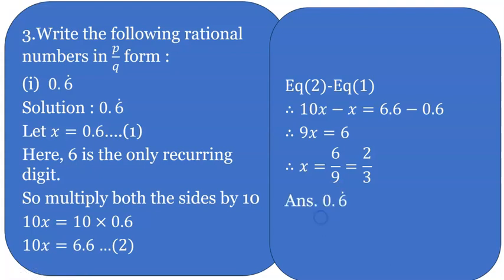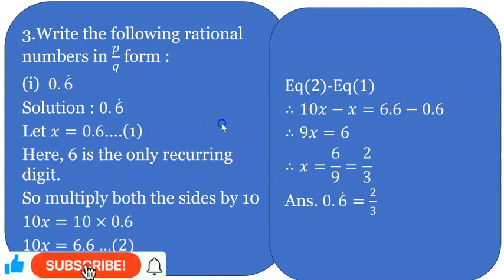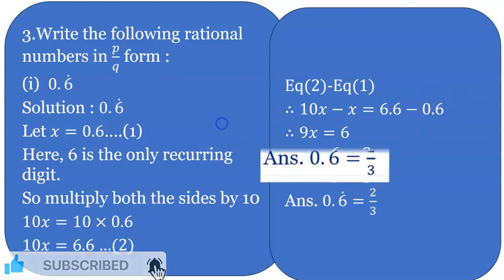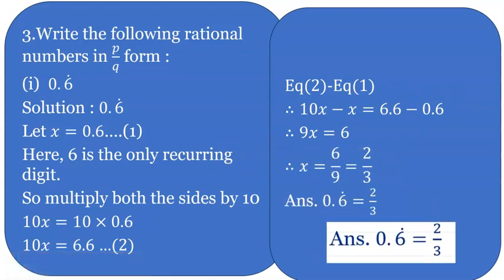And hence we can express 0.6 with a dot as 2 upon 3. Here the dot should have been there over the 6, okay, it's a printing mistake. Therefore the answer is 0.6 with a dot in decimal form is equal to 2 upon 3.